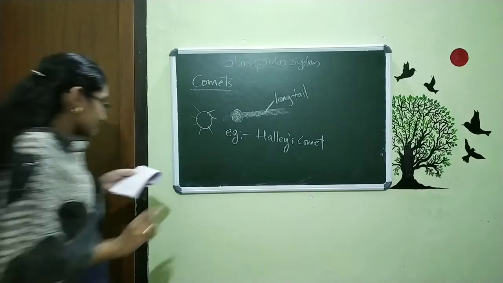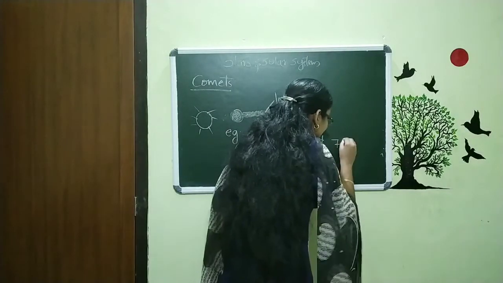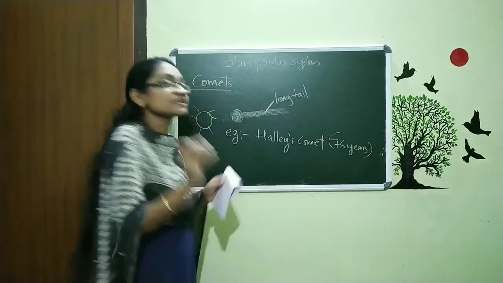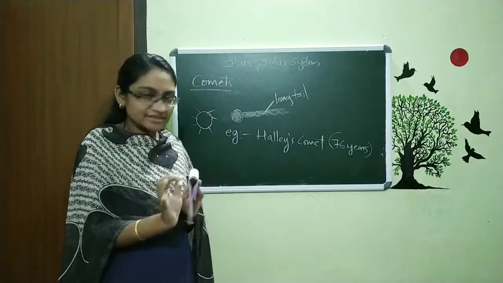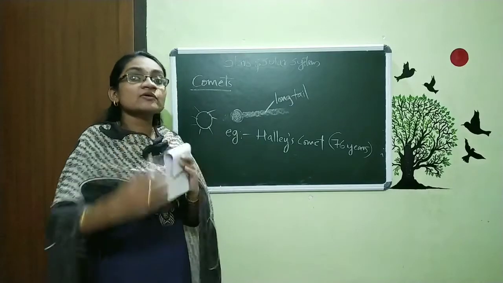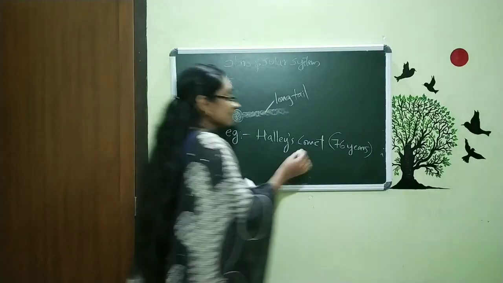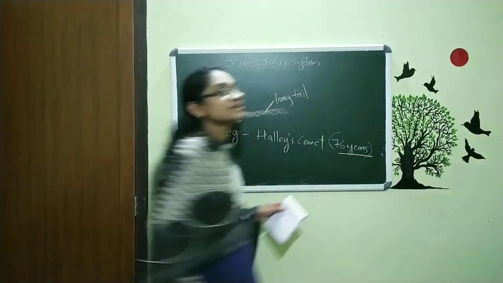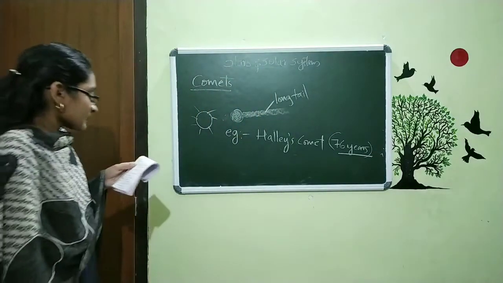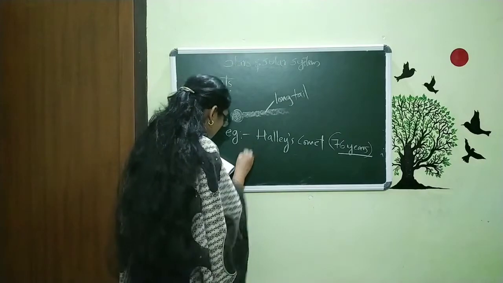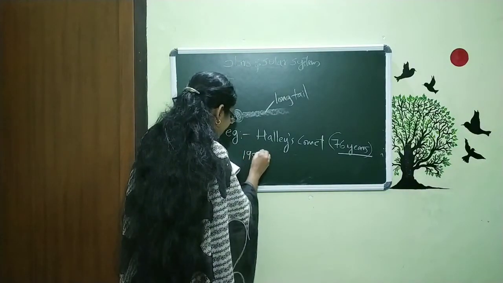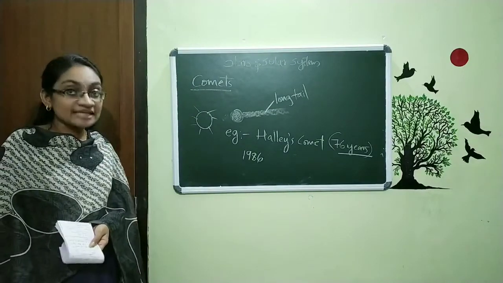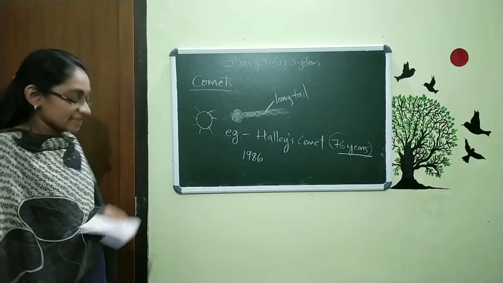And this comes within 76 years. We already said that these comets come with a periodic duration. That means it will come at a regular time interval, and that time for Halley's comet is 76 years. It last occurred in 1986. That means the last sighting of Halley's comet was in 1986.